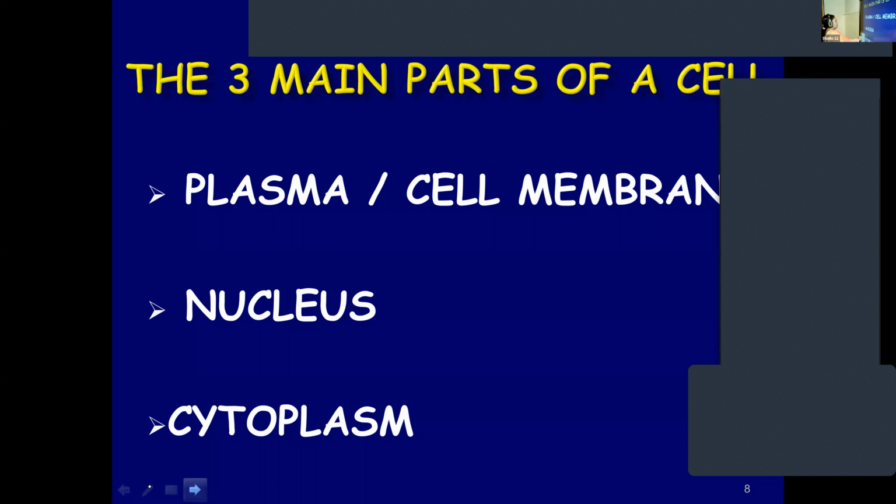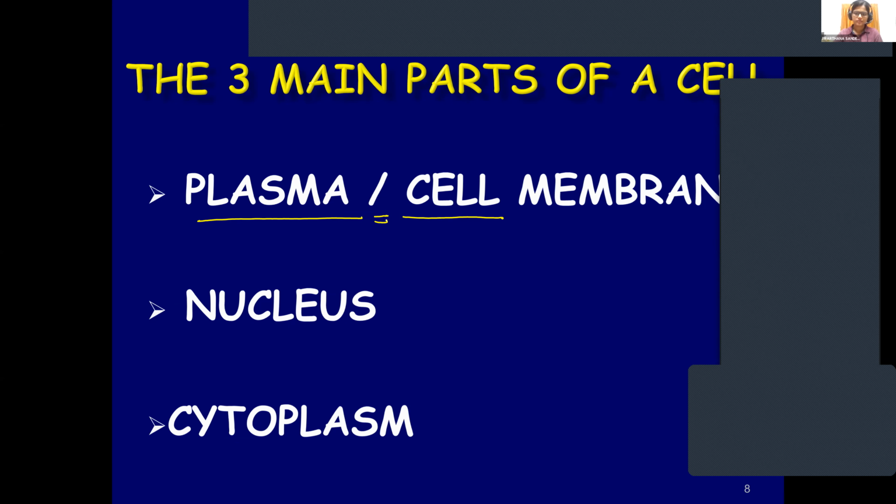Plasma membrane has another name, that is cell membrane. Cell membrane and plasma membrane both are the same. And then what is cell wall, children? The layer which protects the plants is called cell wall.